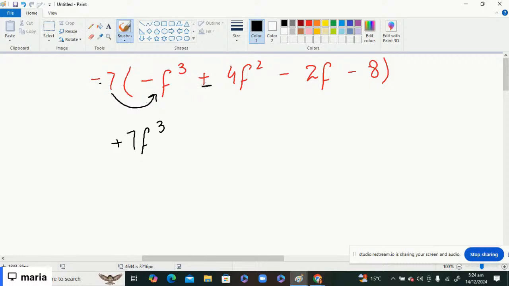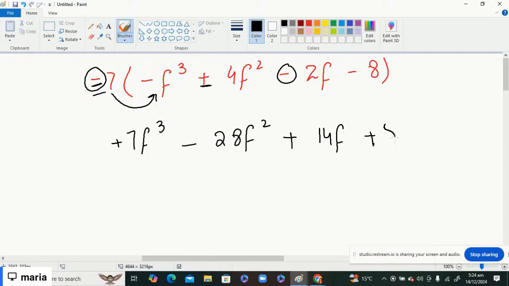Minus plus is minus, 7 times 4 is 28f square. Now this minus and minus becomes plus. 7 times 2 is 14f. Now this minus and minus again plus. 7 times 8 is 56. This is the way that we're going to multiply.